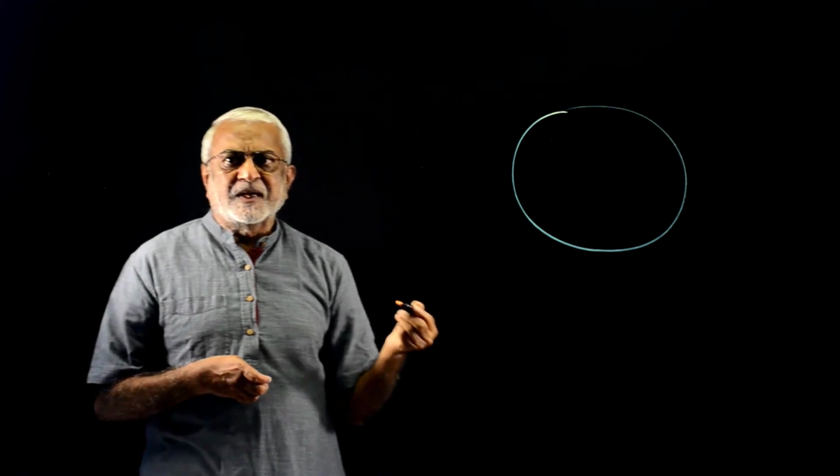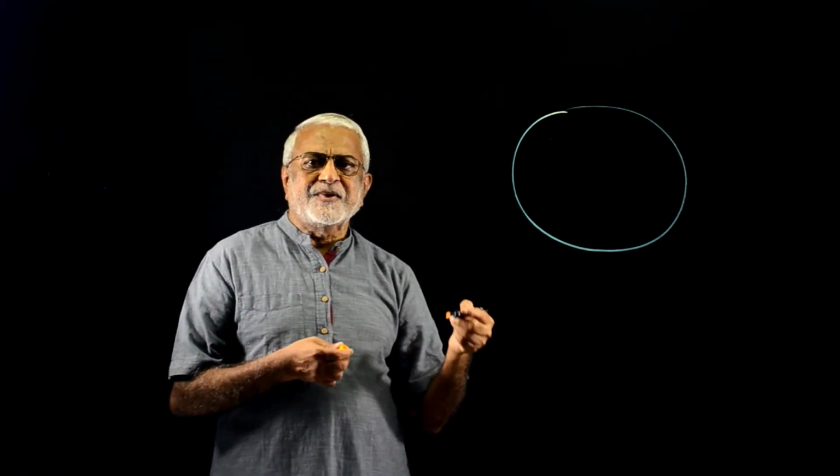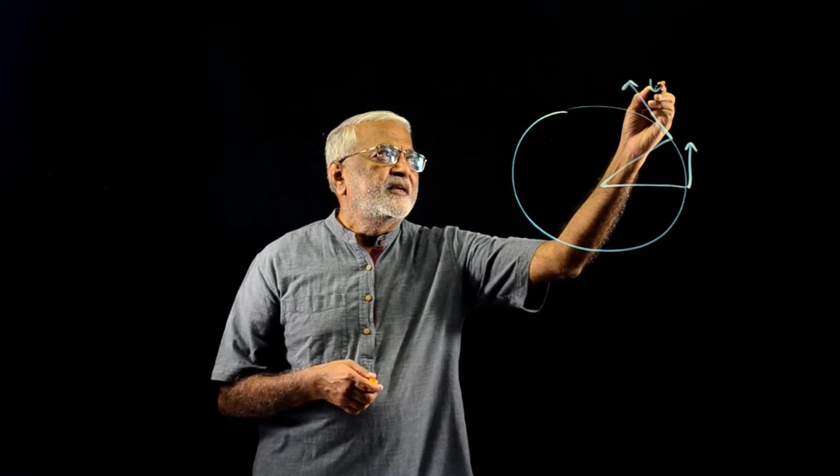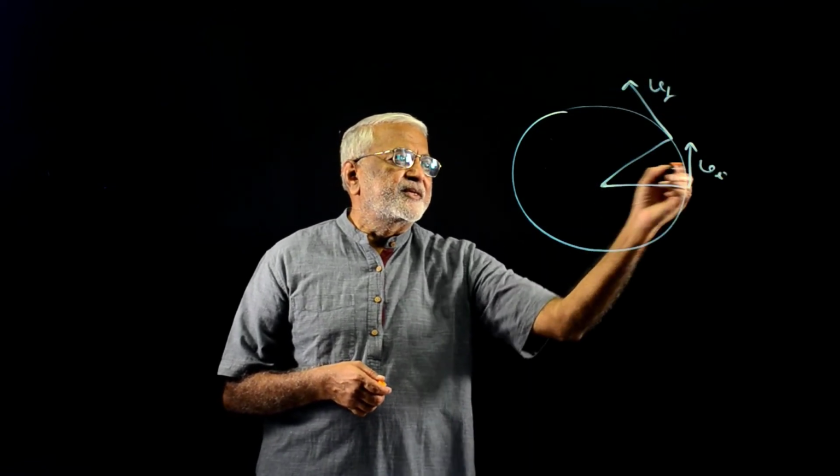We will consider a particle going in a circular path with an increasing speed. Say if you consider the position here, say the velocity is some vi, and some time later it is vf. Vf is greater than vi. This angle is delta theta.